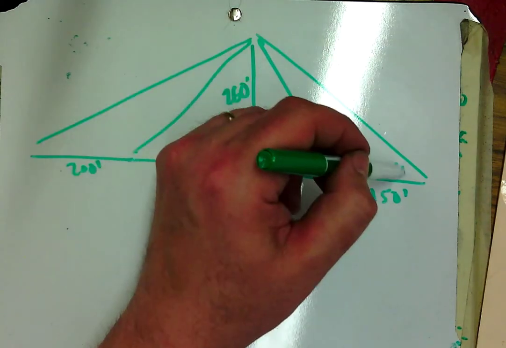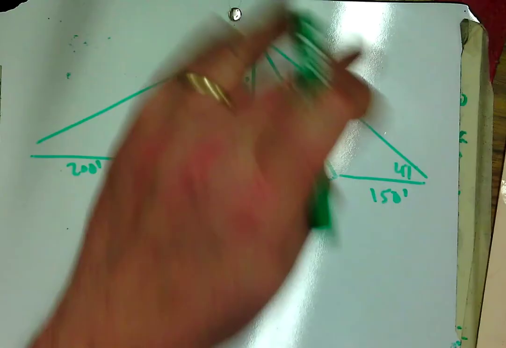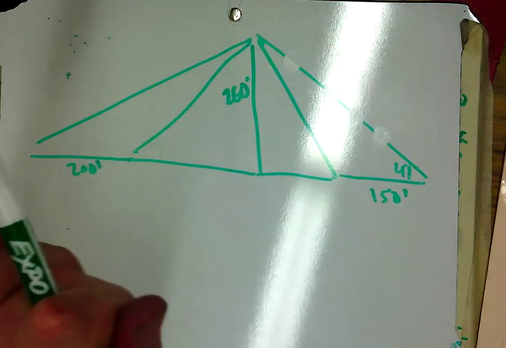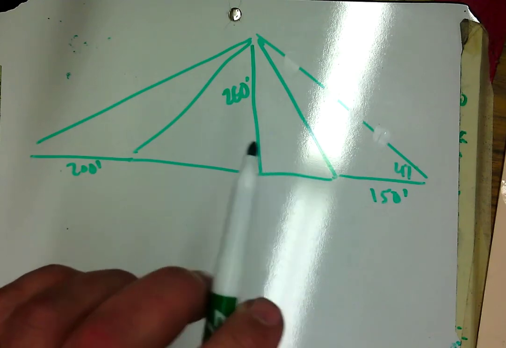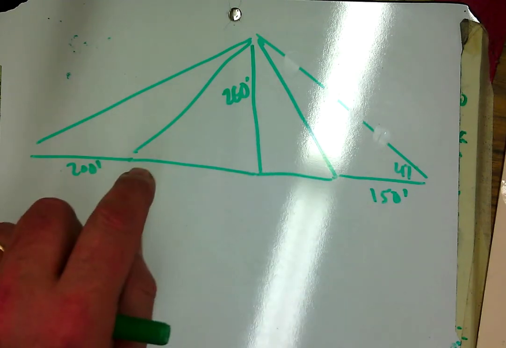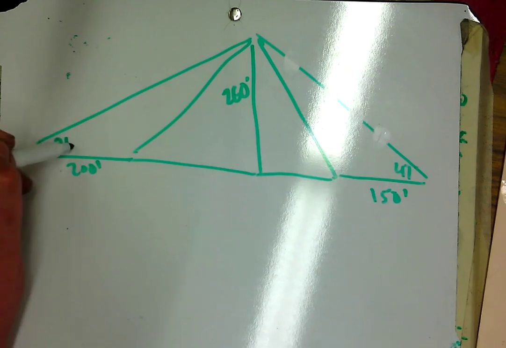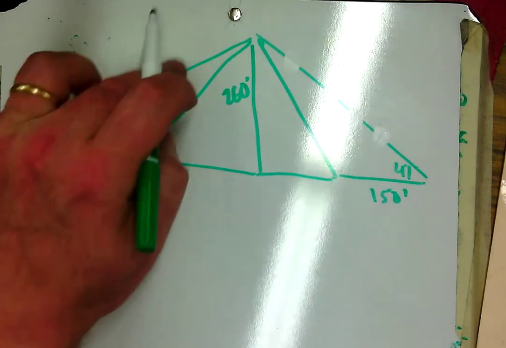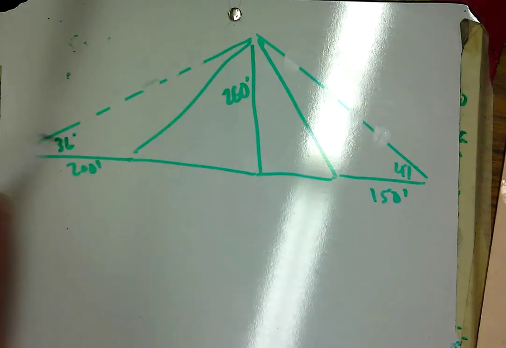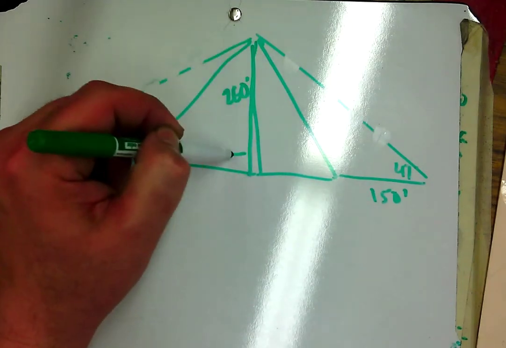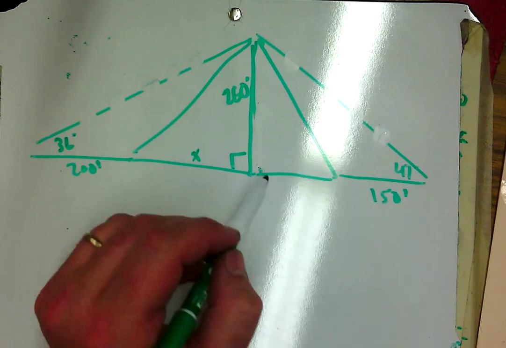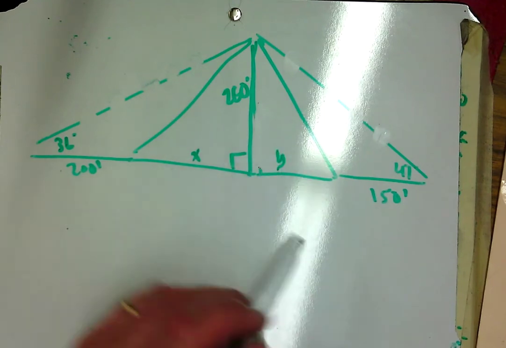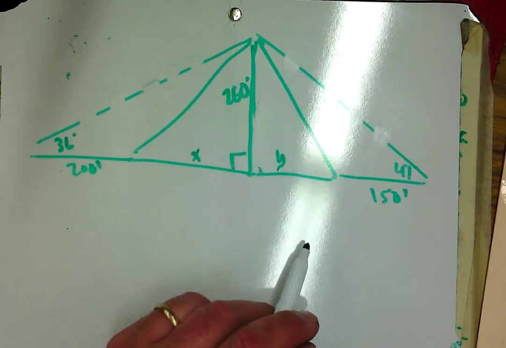This is 47 degrees, our angle of elevation to the top of this, and this angle is 36 degrees, and it too is an angle of elevation. This is a right angle. Okay, I'm going to call this x, I'm going to call this y, and I don't know how long these are.